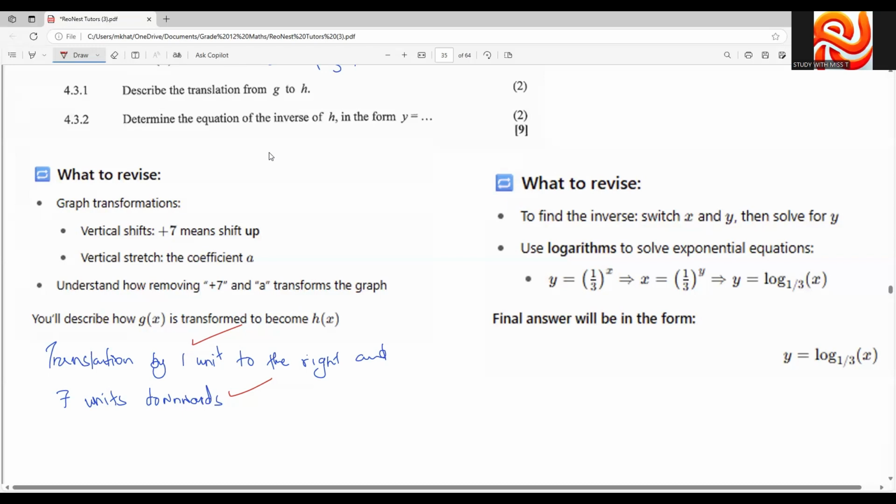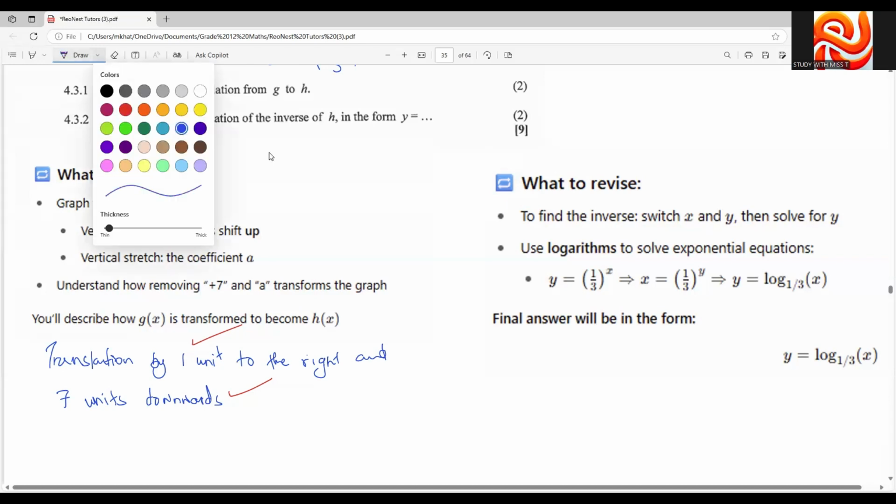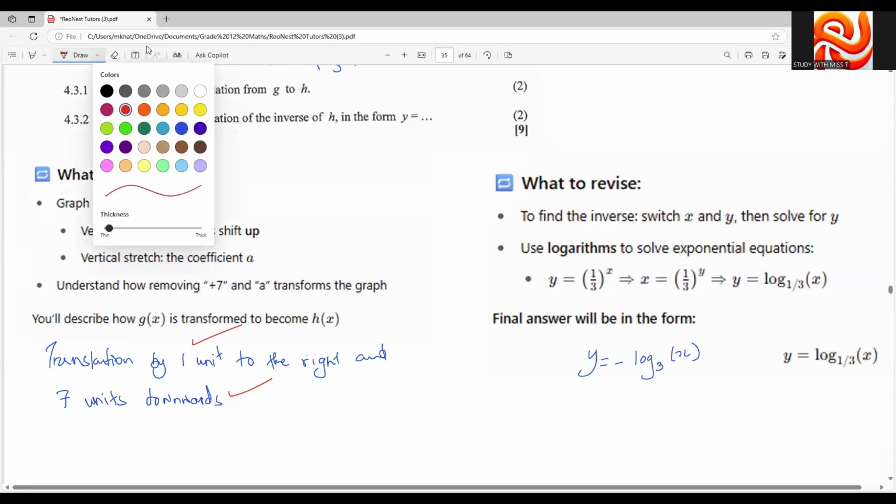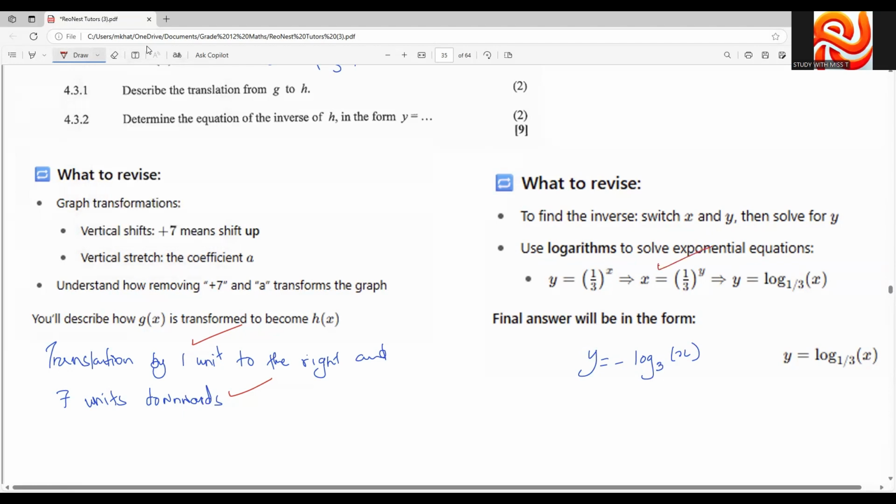Or another way we can write this inverse is y is equal to negative log of x, base 3. Okay, so that's how you will be marked. You'll be marked for swapping x and y and finding the final answer.